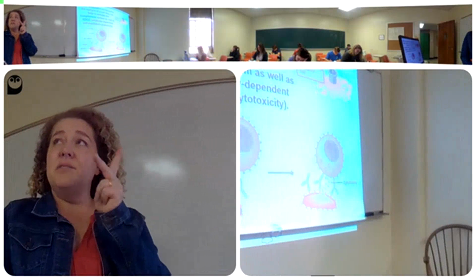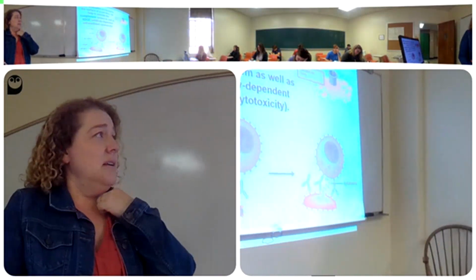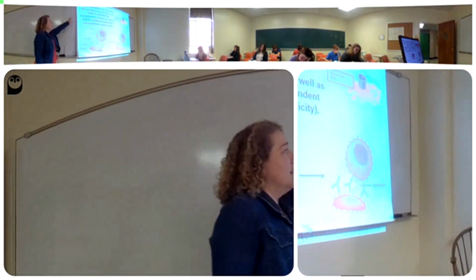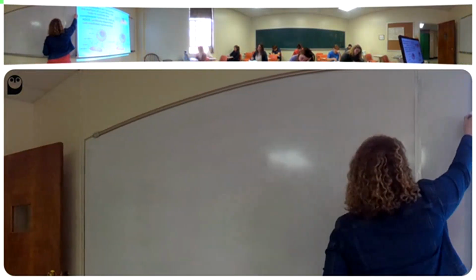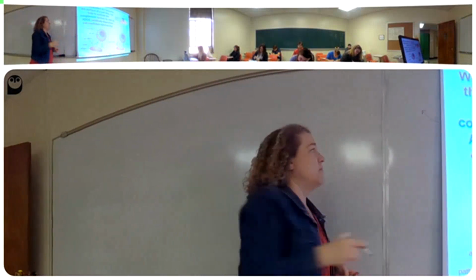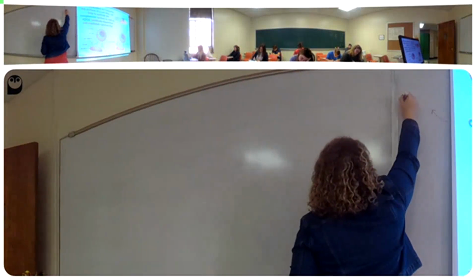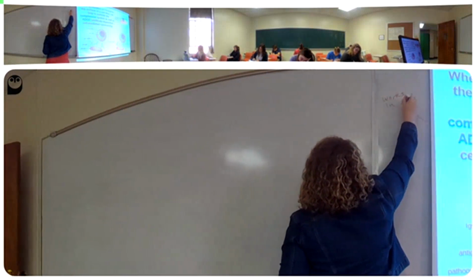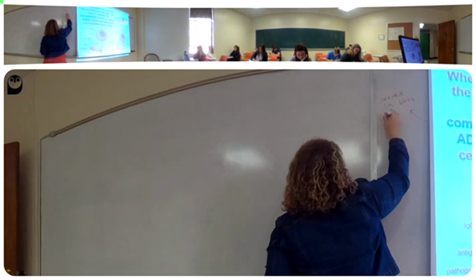Yes, these would be methods 4 and 5. Antibodies can help activate complement. So complement, that was an innate thing, right? Complement actually works in both innate and adaptive branches.